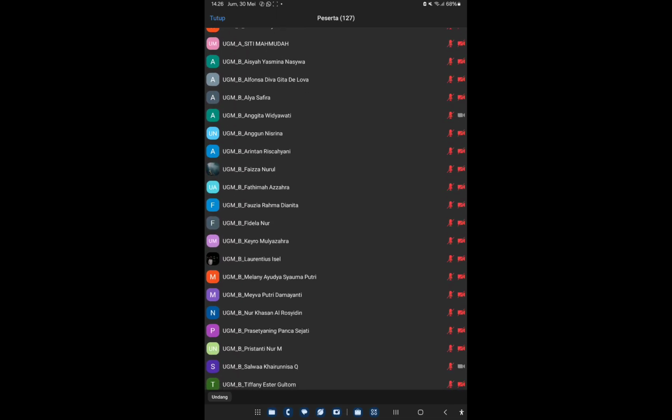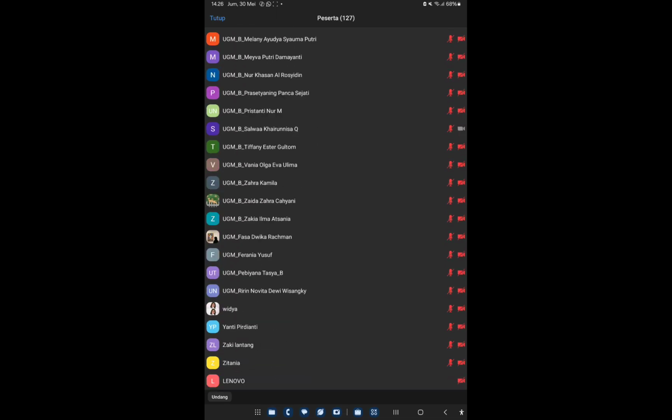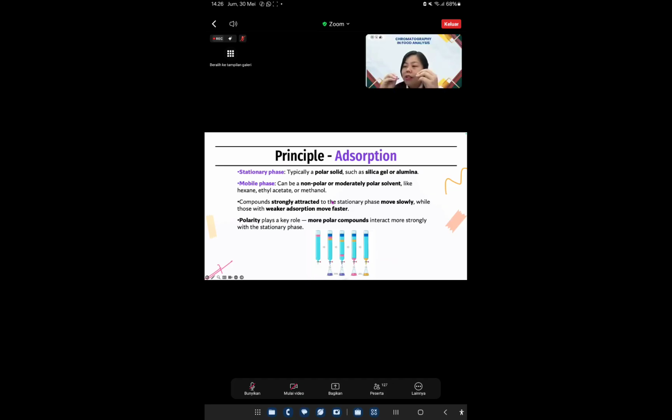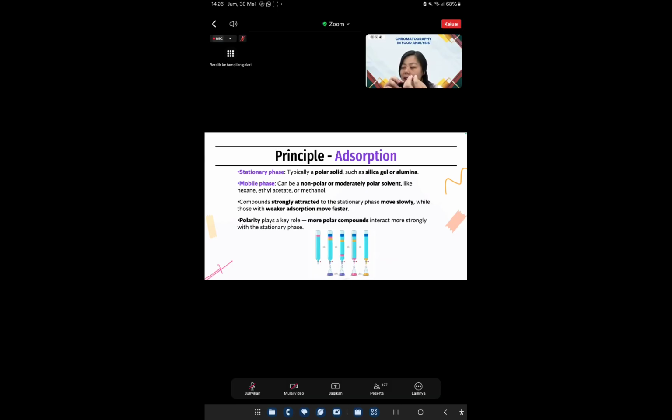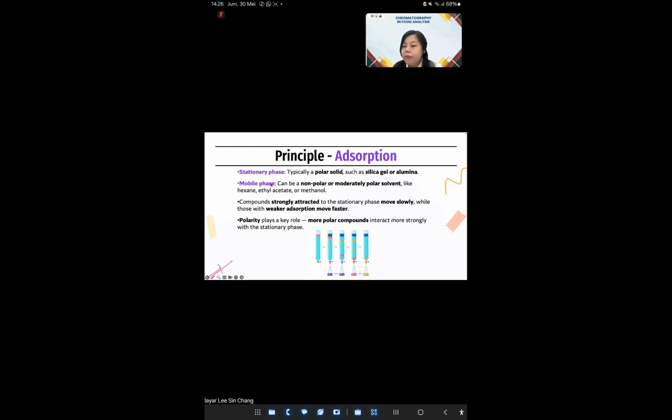It's good for separating non-volatile compounds, and usually it's very fast. In adsorption, your stationary phase is usually a solid, which can be silica or alumina, but your mobile phase can be non-polar or moderately polar.